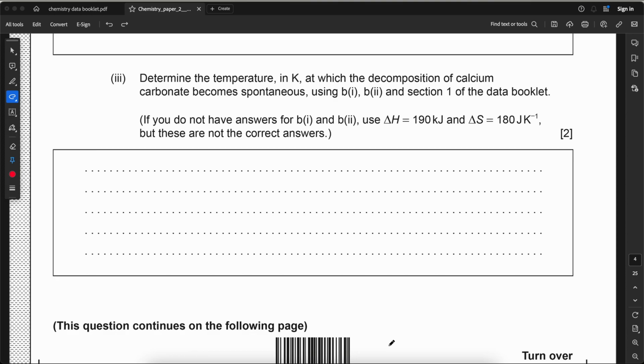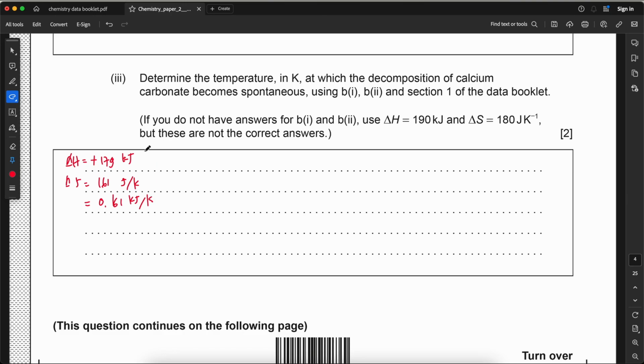Determine the temperature in Kelvin at which decomposition of calcium carbonate becomes spontaneous using B1, B2, and section 1 of the data booklet. Delta H, as we calculated in the previous question, is plus 179 kilojoule, and delta S is 161 joule per Kelvin, so that would be 0.161 kilojoule per Kelvin.